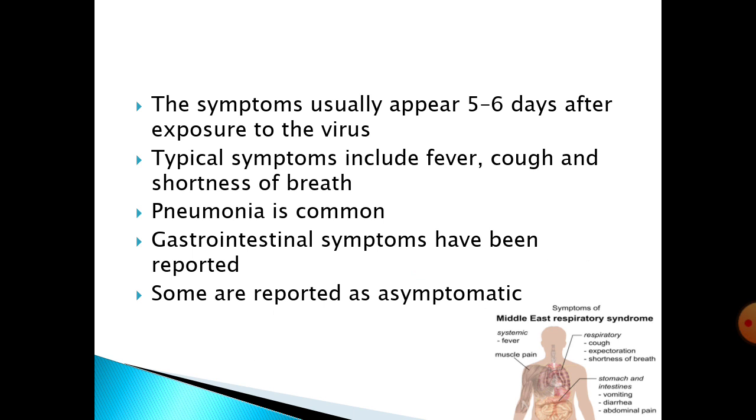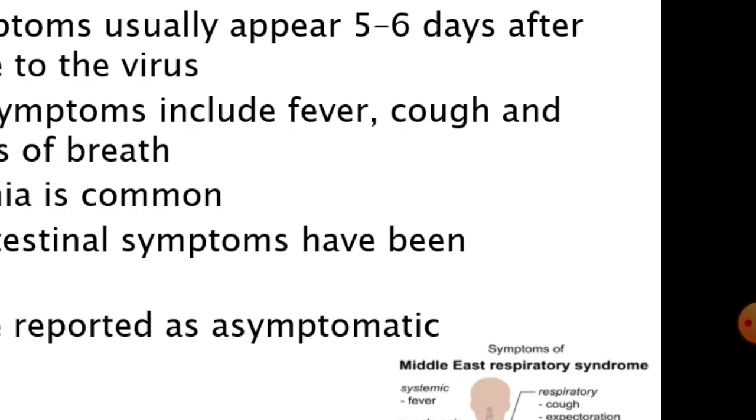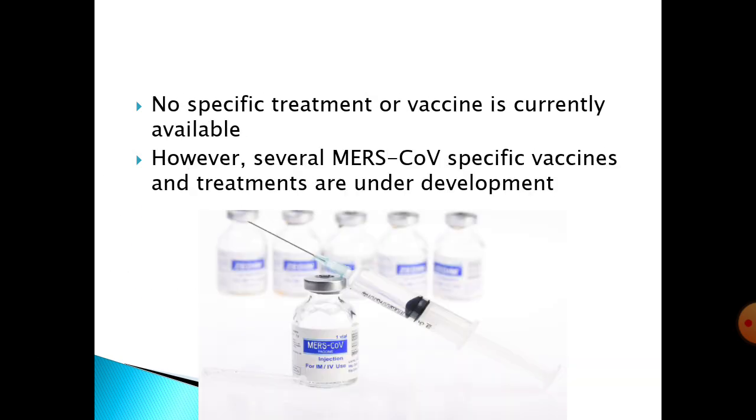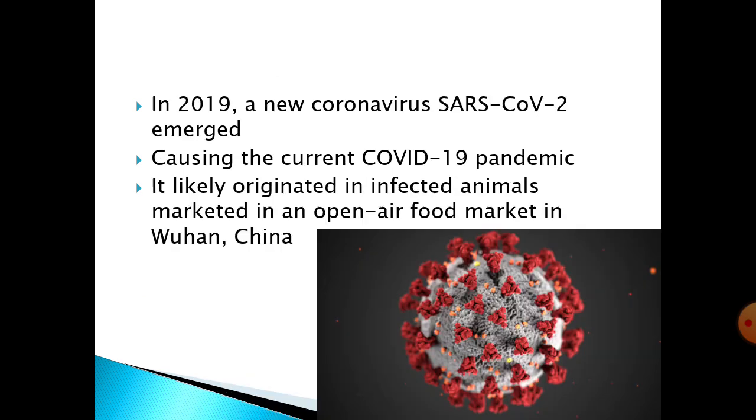Typical symptoms include fever, cough, and shortness of breath. Pneumonia is common. Gastrointestinal symptoms have been reported, and some cases are reported as asymptomatic. No specific treatment or vaccine is currently available for MERS. However, several MERS coronavirus-specific vaccines and treatments are under development.